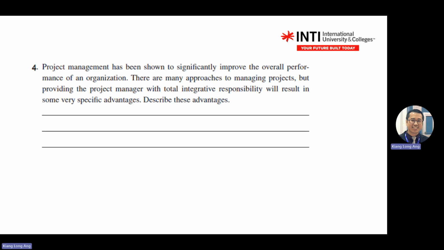Less barrier will bring to what? Communication, and then what? Effective process planning. Okay, what else?